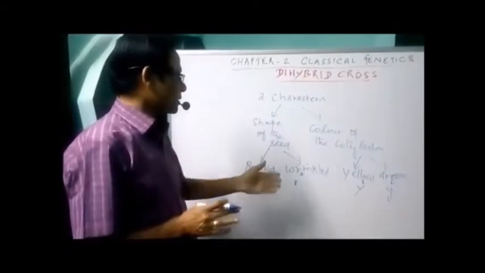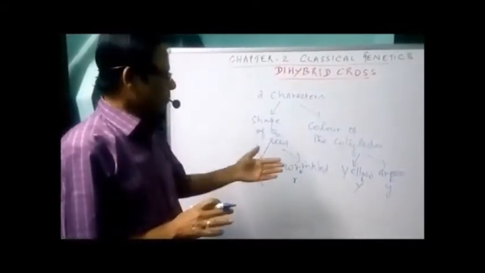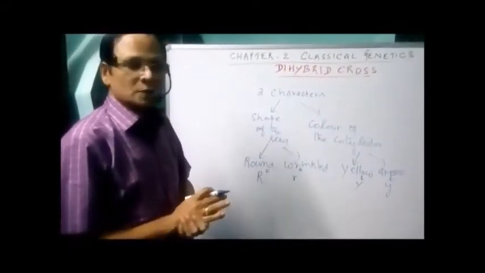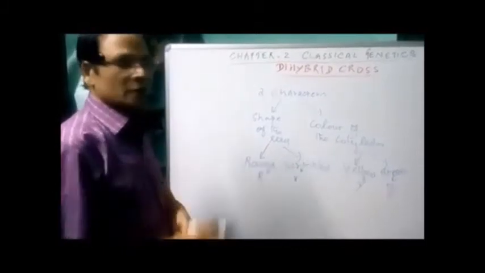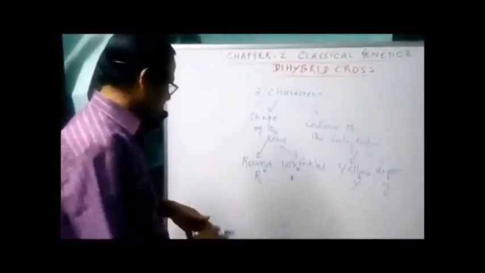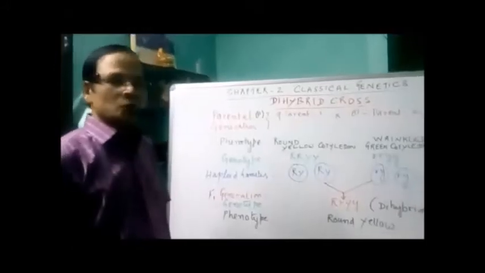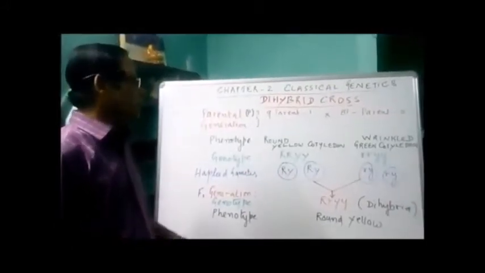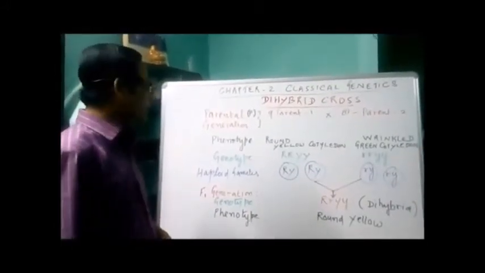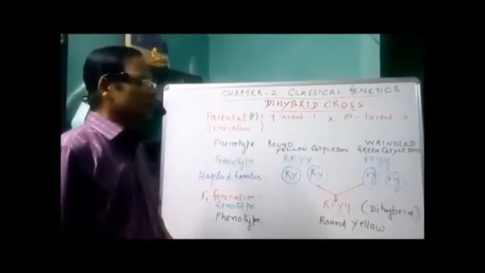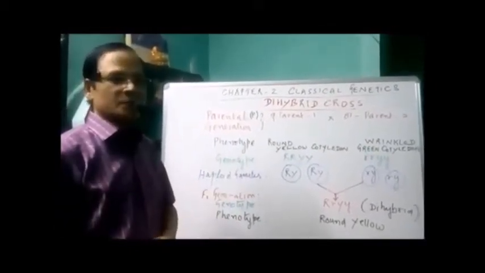He took two characters for the dihybrid cross. One character is concerned with the shape of the seed, another with the color of the cotyledon.